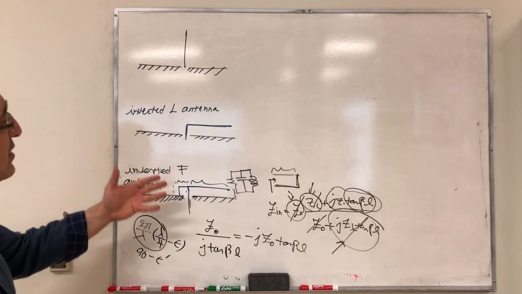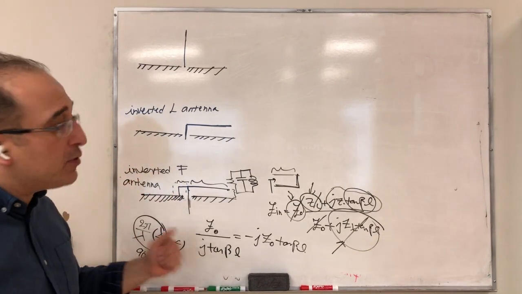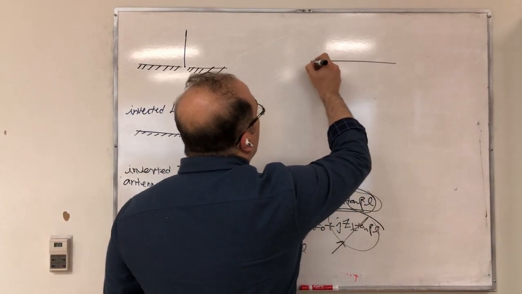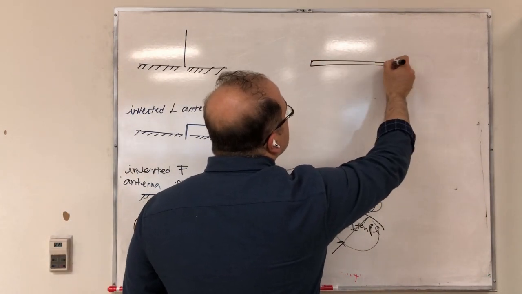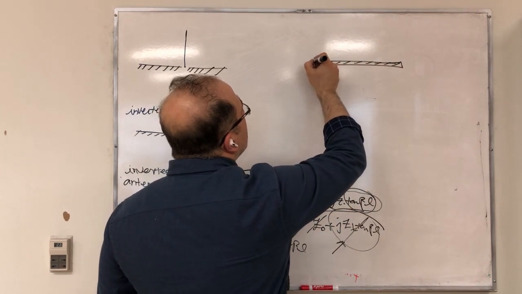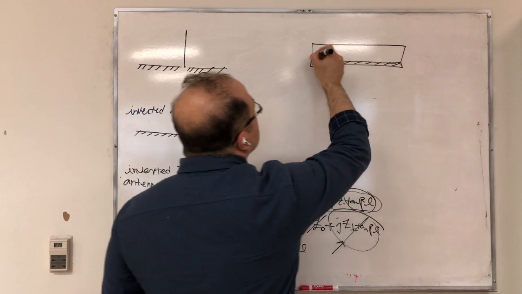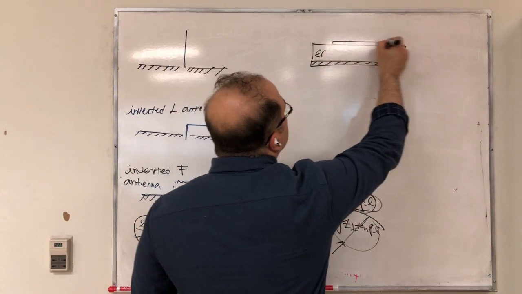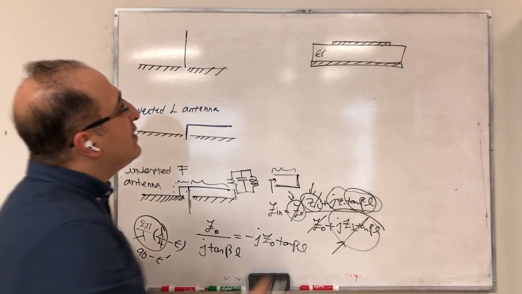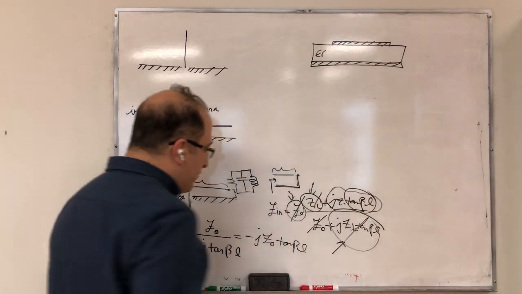Now, let's consider the same concept for a microstrip antenna. In a microstrip antenna, I had this metallic ground plane. I had this substrate, and this was my patch. And we said that this patch was about half a wavelength.